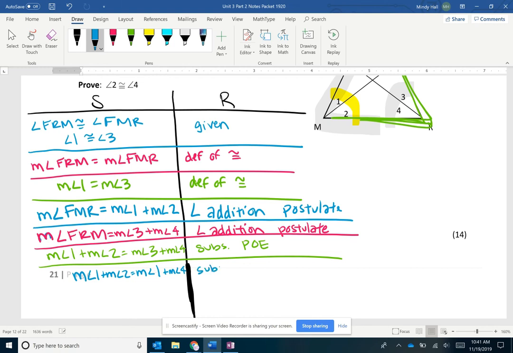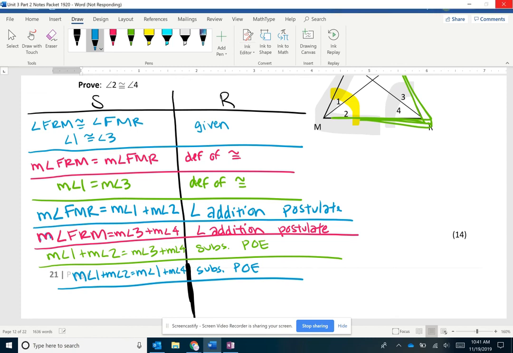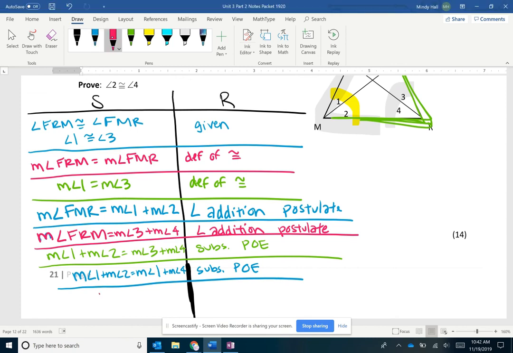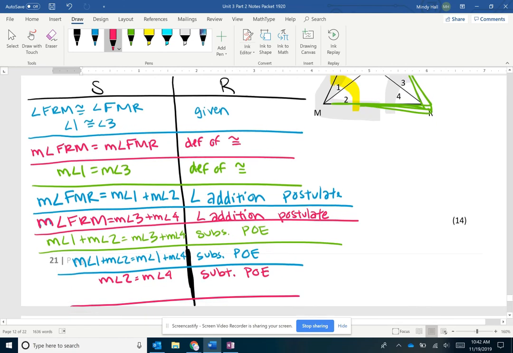And that is, again, the substitution property of equality. But the reason behind this is because then we're going to subtract the measure of angle 1, which tells me that the measure of angle 2 equals the measure of angle 4. I'm sorry that this got so smushed.